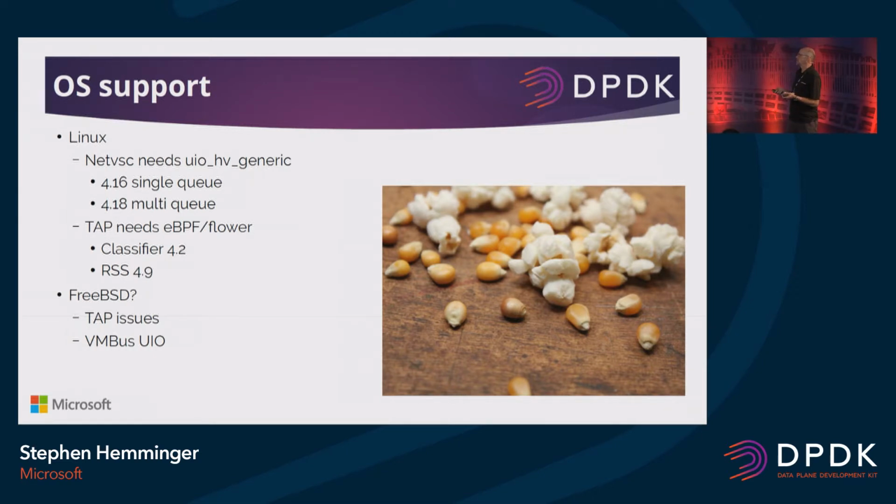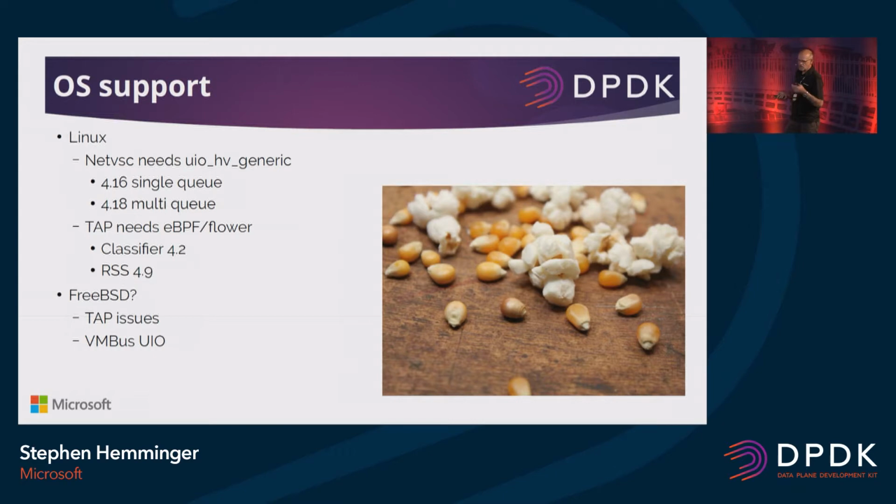So minimum, you need 4.16 to get a single queue to work, and you need 4.18 to get multiple queues to work. That's just because I don't have precognition. I don't know what I'm going to need till I build it. But the good news is that's contained. That's basically a single driver you have to backport. You don't have to backport the whole network subsystem or anything special.